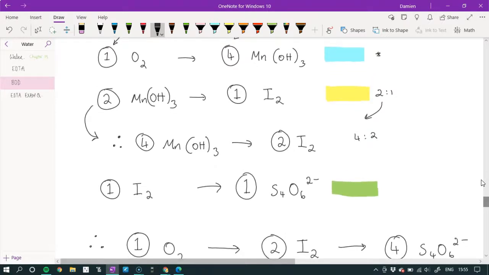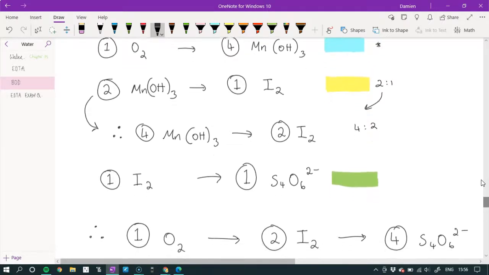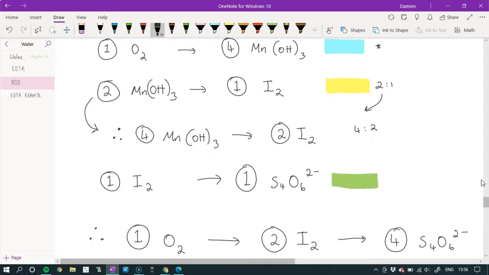Now we've got to combine these together. So that means 1 oxygen molecule at the top, when you work down through it, will produce 2 iodine molecules. So 1 mole of oxygen will produce 2 moles of iodine, which in turn will produce 4 moles of S4O6 2-.